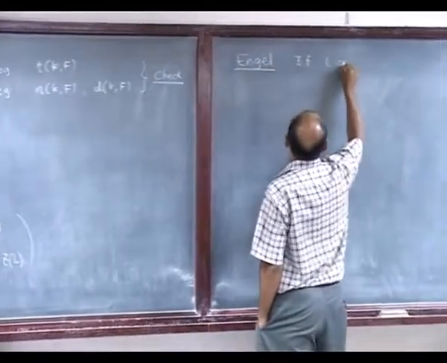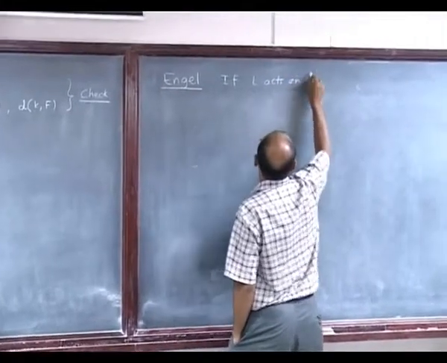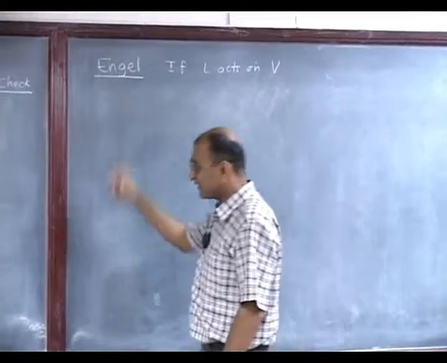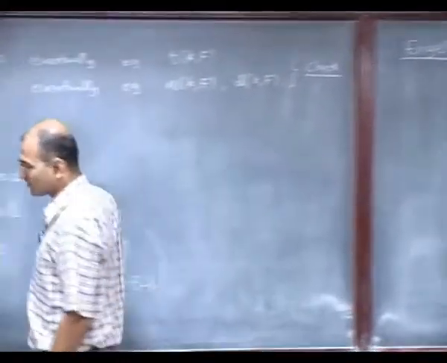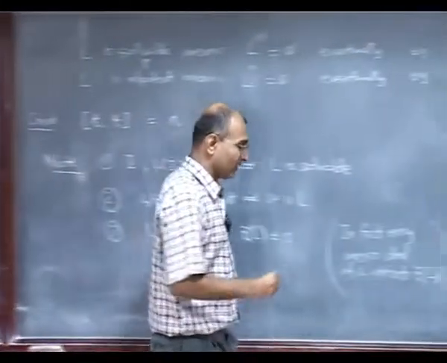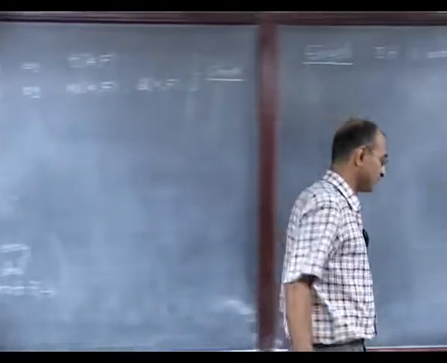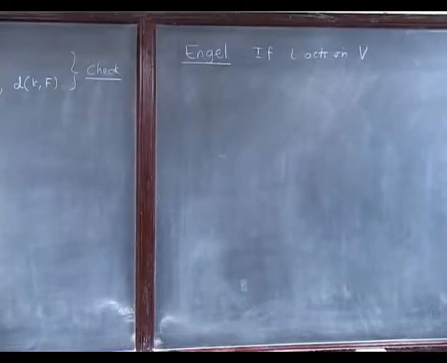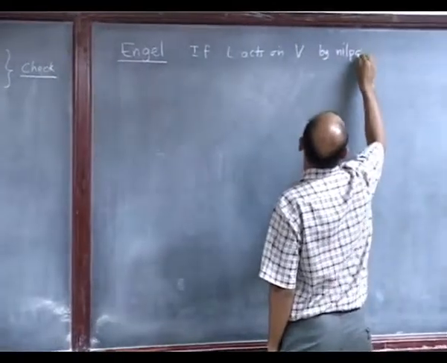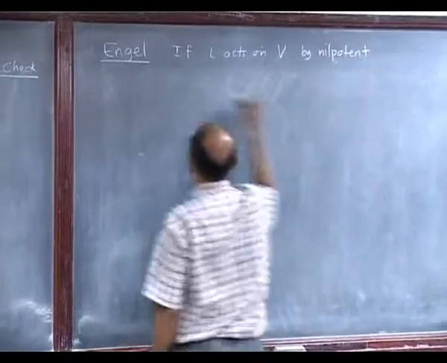So if L acts on V, always finite dimensional unless otherwise stated, but here we do not need any restriction on the field. The field may have any characteristic and it need not be algebraically closed, because L acts on V by nilpotent endomorphisms.